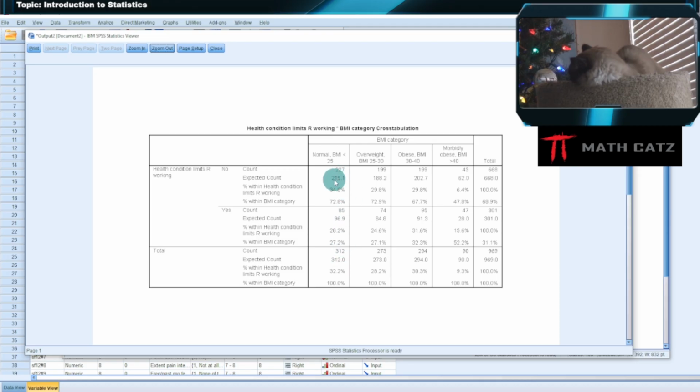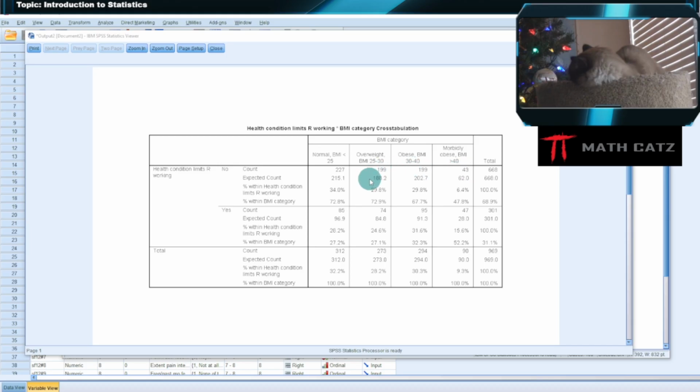I expect to be in the no group, and 31.1% of that column total I expect to be in the yes group, and so on. That roughly 2-to-1 ratio, I expect to be what the split is in the overweight group, as well as obese, as well as morbidly obese.